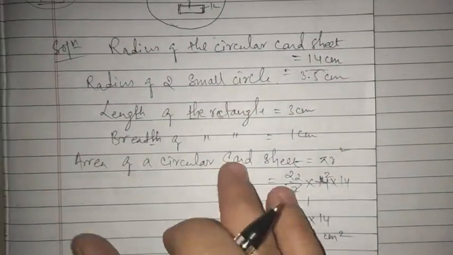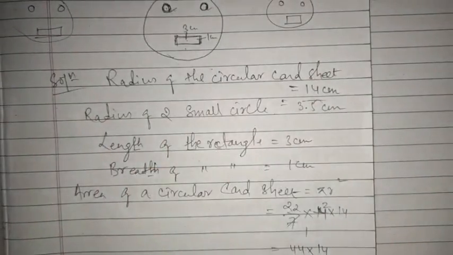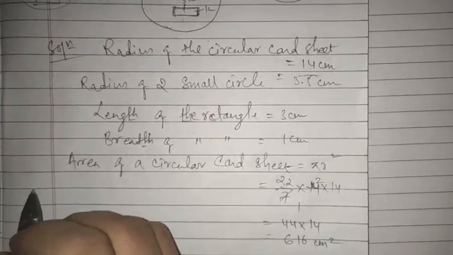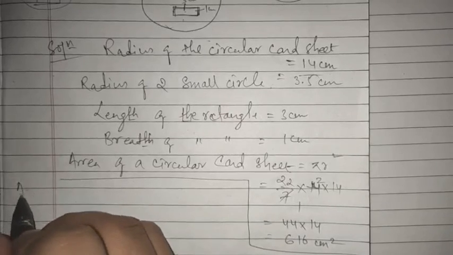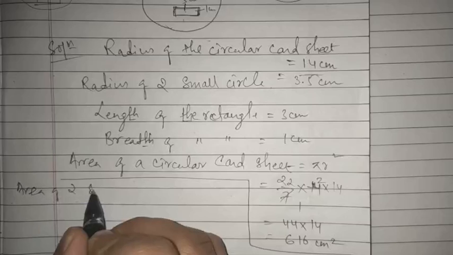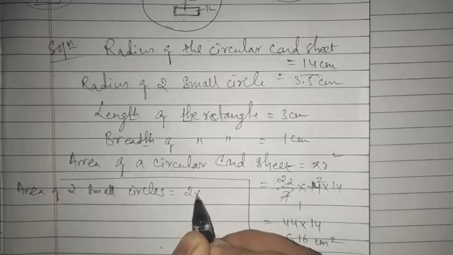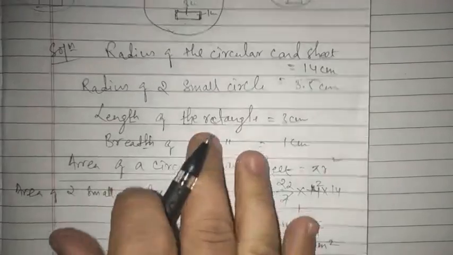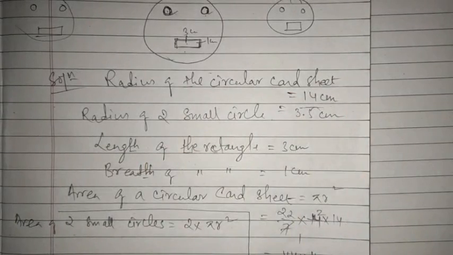Now we will find the area of the 2 small circles, the area of the rectangle, then we will minus with this. Let me write here, there is no space, so I am using this space. So area of 2 small circles is equal to 2 into pi r square. For one it is pi r square, another will be pi r square. So pi r square plus pi r square is 2 pi r square.